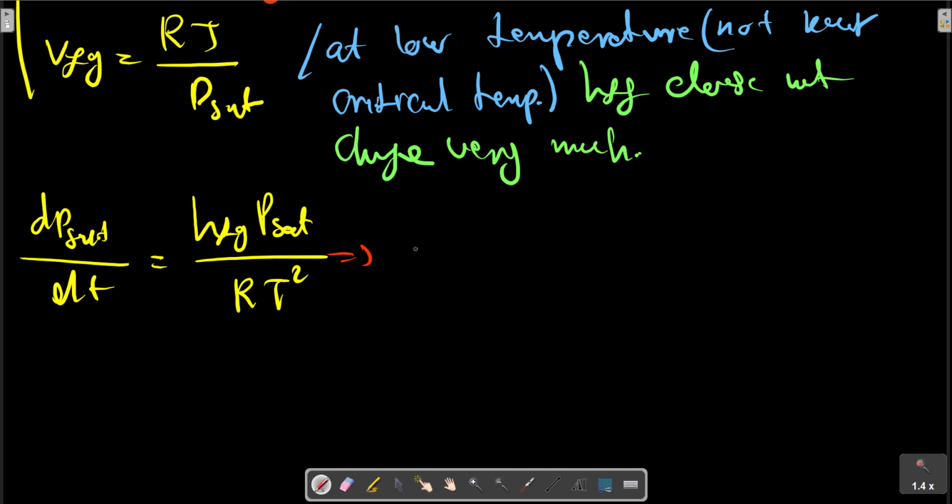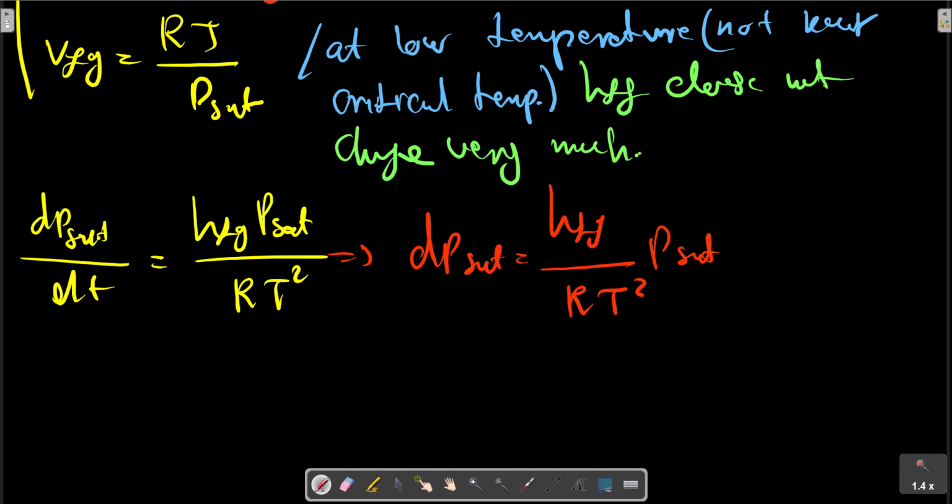We can make an integration: dP saturate on P saturate equals hfg on R T squared dT.